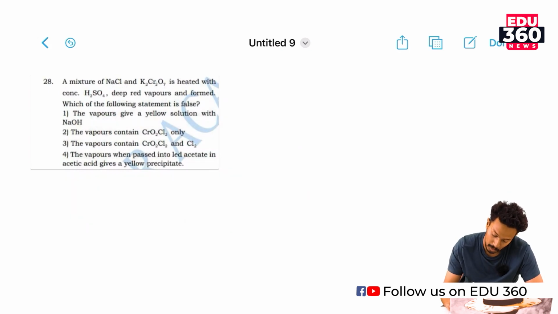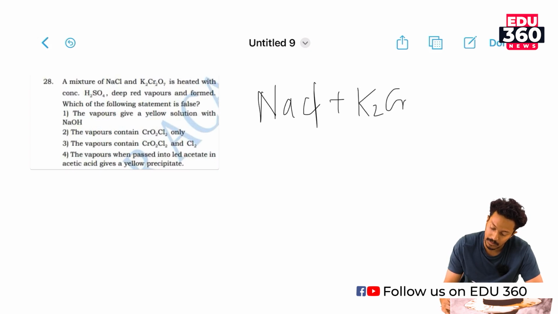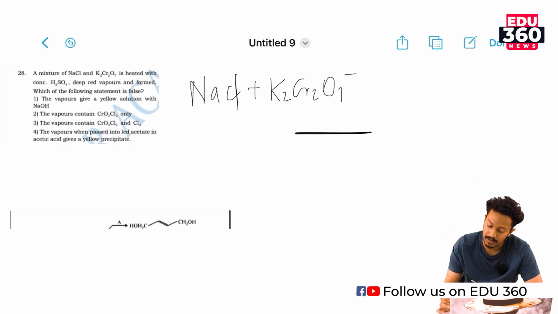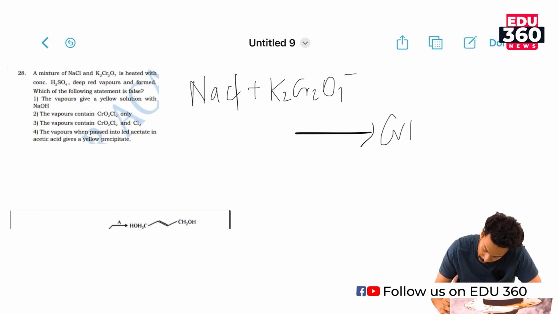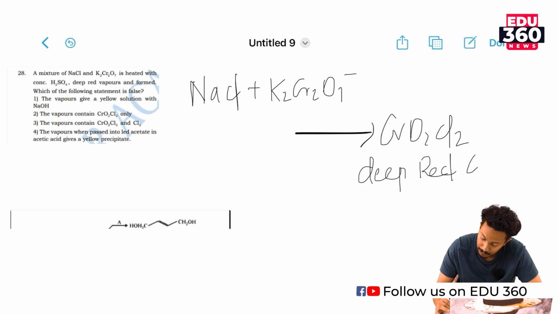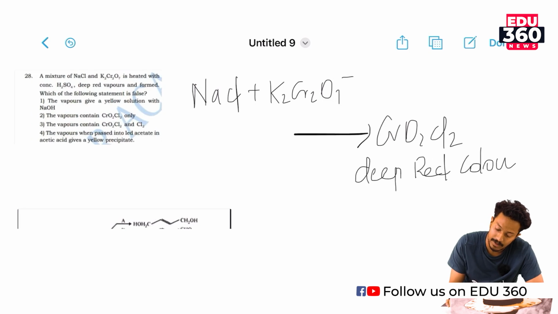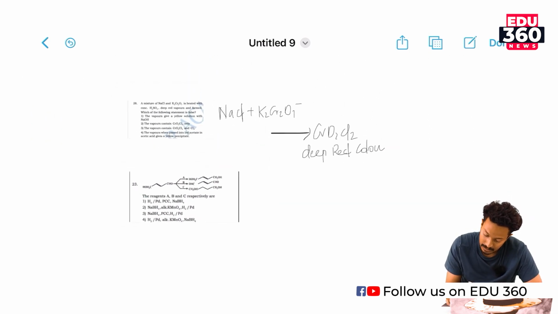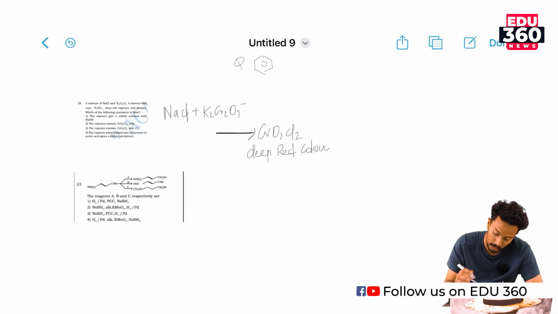Sodium chloride, NaCl, when treated with K2Cr2O7 gives chromyl chloride, CrO2Cl2. This is deep red in color. This is the reaction that happens here. We will write the ionic reactions later.